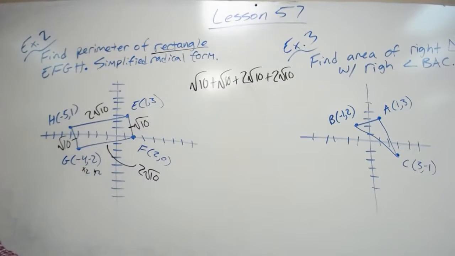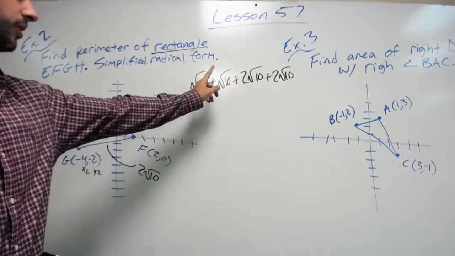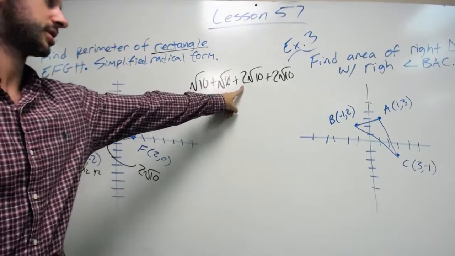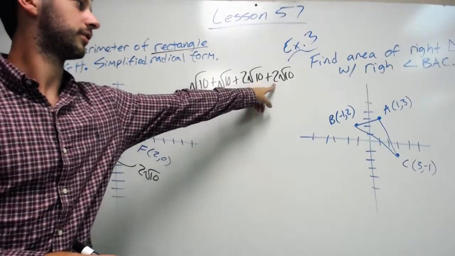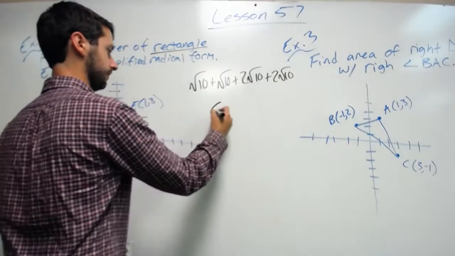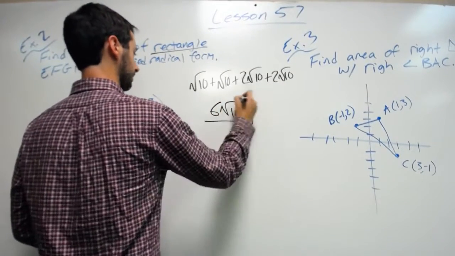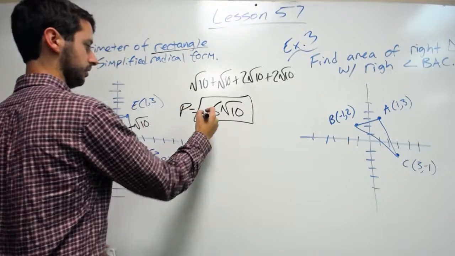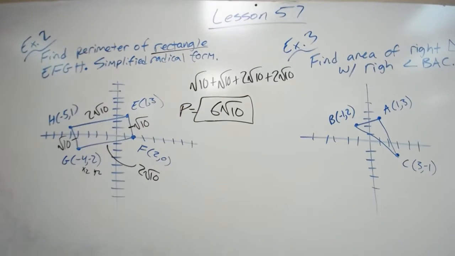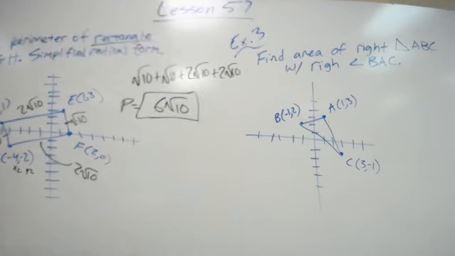So therefore we can add the numbers together. 1 plus 1 is 2, plus 2 is 4, plus 2 is 6. And then we keep the radical 10, and that is our perimeter. So that's how you do perimeter of a polygon inside of a coordinate grid.